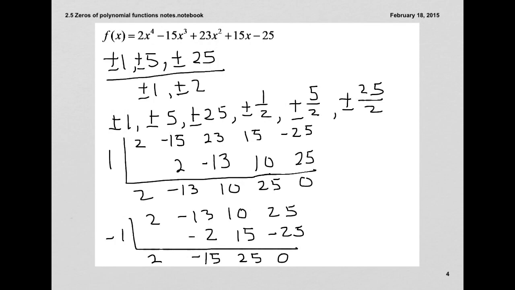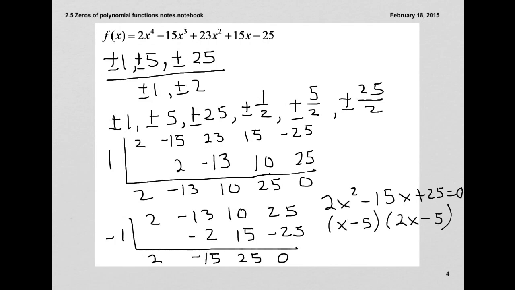Okay, now that gives me a final quadratic of 2x squared minus 15x plus 25 equals 0. Now, using your favorite factoring method, you can factor this as x minus 5 and 2x minus 5.